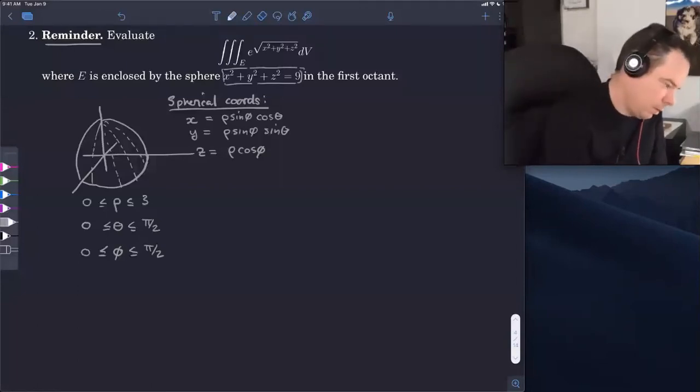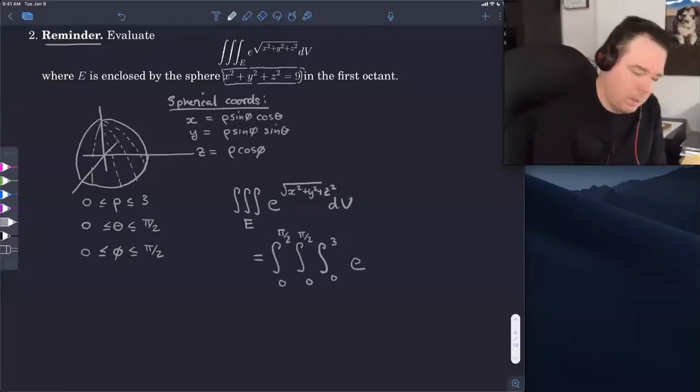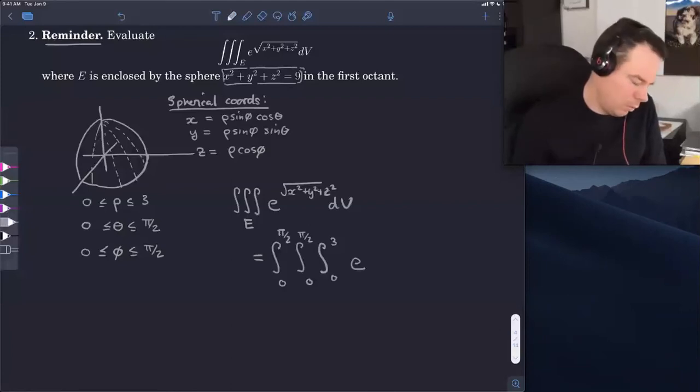That means when we want to integrate over this box of this function, x squared plus y squared plus z squared dV, we have changed our limits of integration to the new variables. So maybe I'll go rho inside, 0 to 3, then 0 to pi by 2, 0 to pi by 2. And then we update our integrand so that it's rewritten in terms of the new variable.